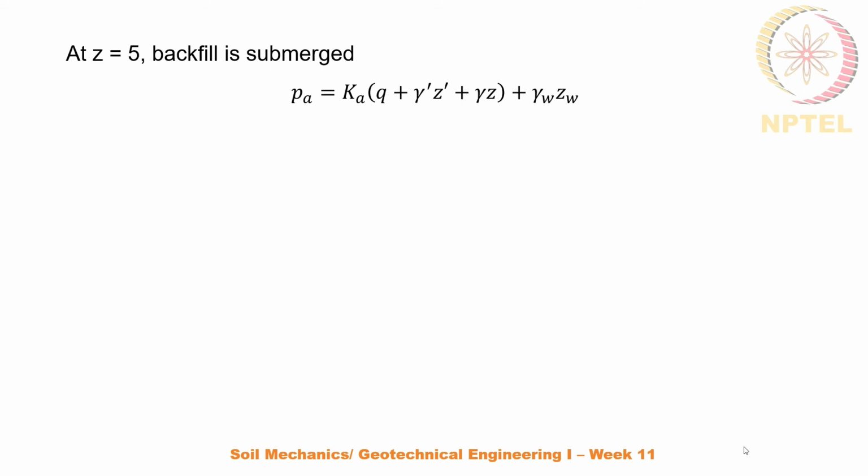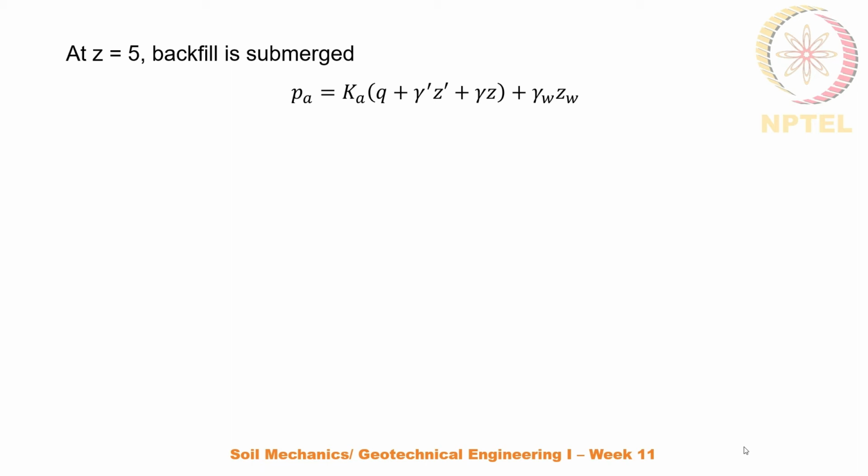Now at Z equal to 5, the backfill is submerged. That is from 3 meter to 5 meter, for a depth of 2 meter. The backfill is submerged. So there we have to consider the submerged soil as well as the soil layer above this water table, and also the pressure exerted by the water. All these have to be included in the equation, so our equation becomes Ka into Q plus gamma dash Z dash plus gamma Z plus gamma W ZW.